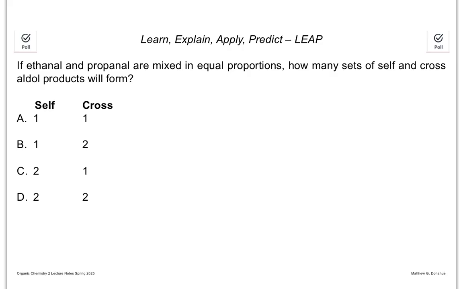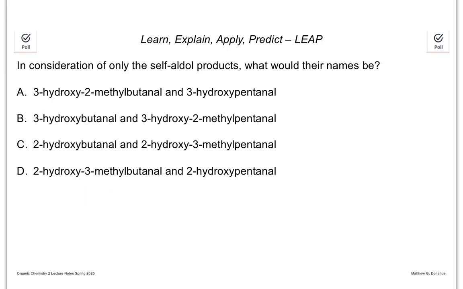So this was, the total number of pathways was D. You can get 2 from the self and then 2 from the cross. So 4 possible pathways. Self-aldol products, what are their names?